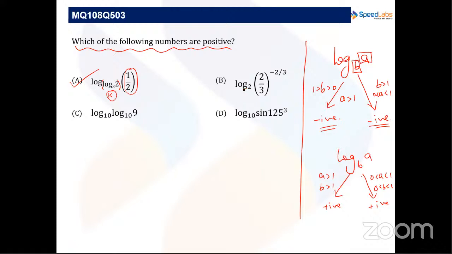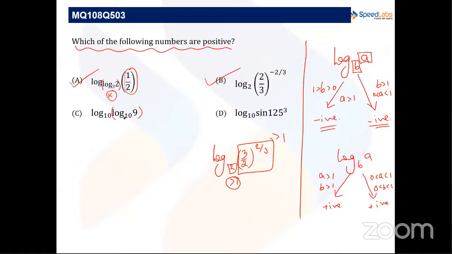Again here for the second one, the log power is negative, so that will be 3 by 2 to the power 2 by 3 to the base 2. So this quantity is greater than 1 and 2 is obviously greater than 1. So when both are greater than 1, then it is positive.